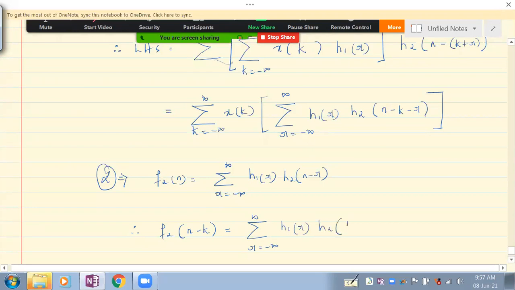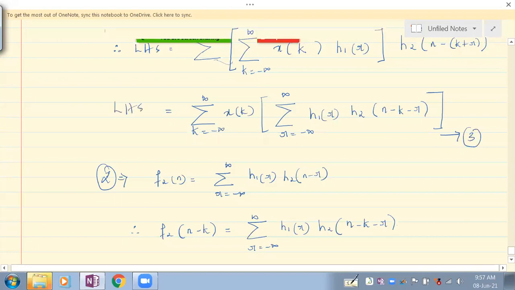So it is n minus k minus r. Understand that? So if you call this equation number 3, where LHS is equation number 3.